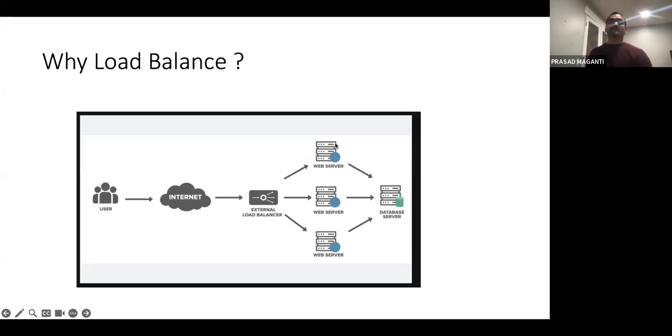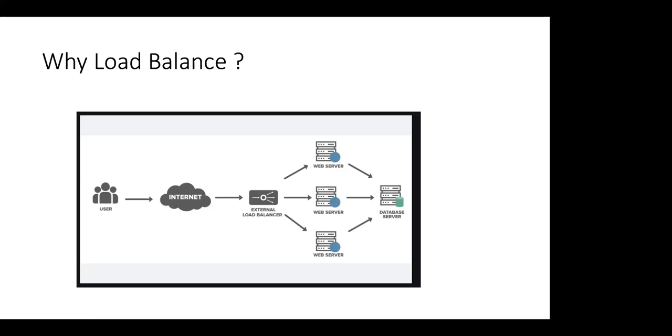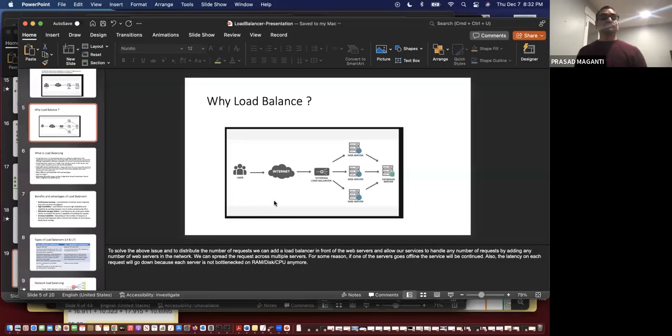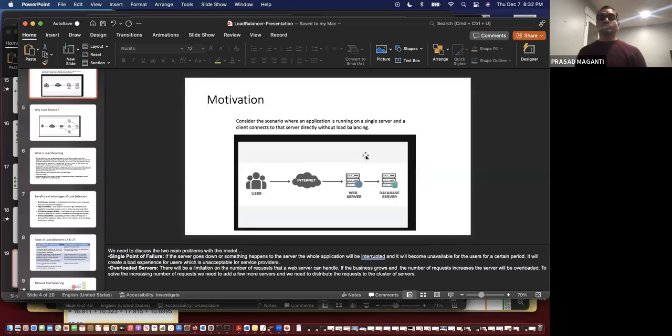One crashed. What will happen? My service is still there. The remaining 2 web servers, whatever traffic they were absorbing, will be distributed here. So I'm still alive. Whereas in this case, there is no HA for me. Once it is crashed, done.